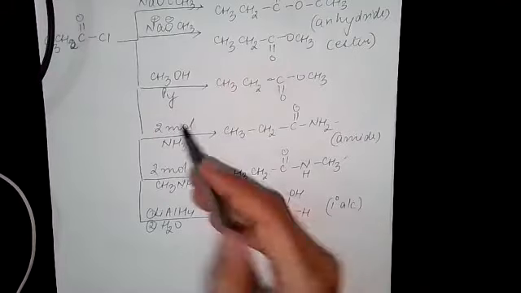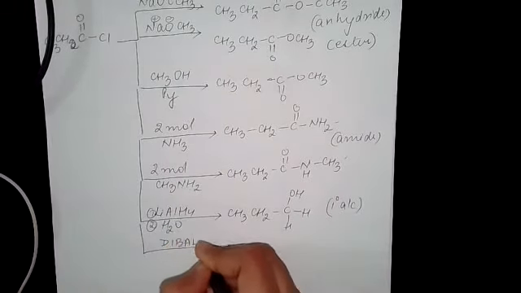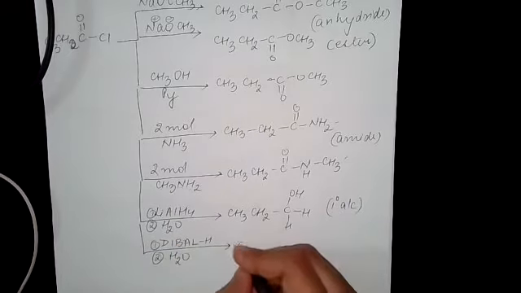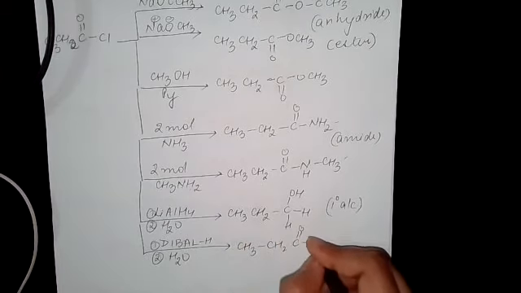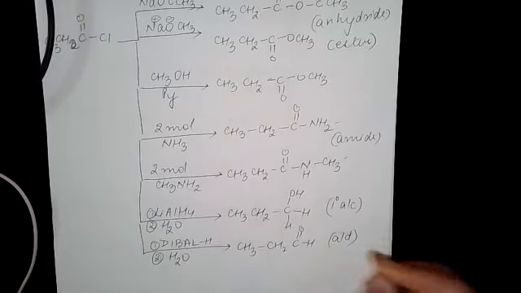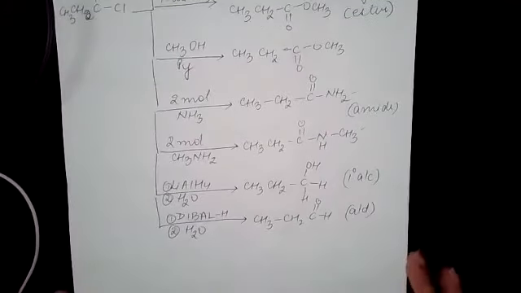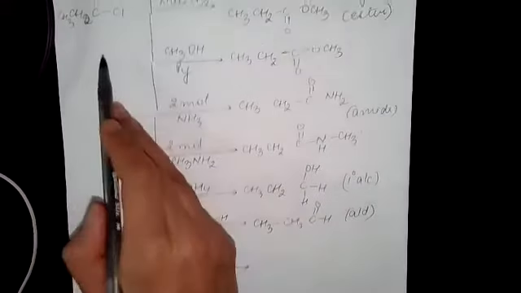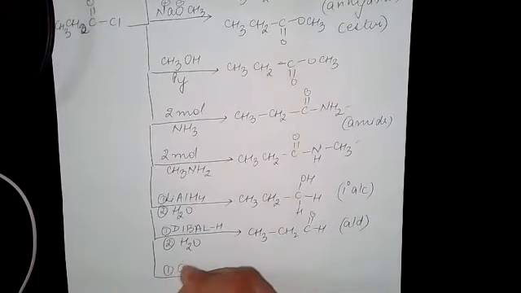But if I use DIBAL for reduction purposes, I will end up with an aldehyde. So keep in mind the different functional groups that you can get starting from your acyl halides and from other functional groups also. Let's now try to add on a Grignard reagent here.